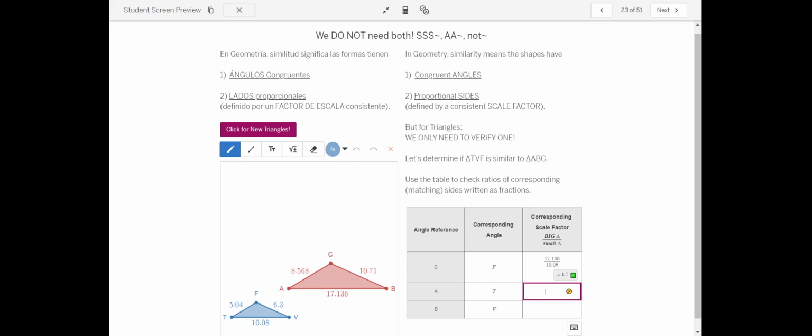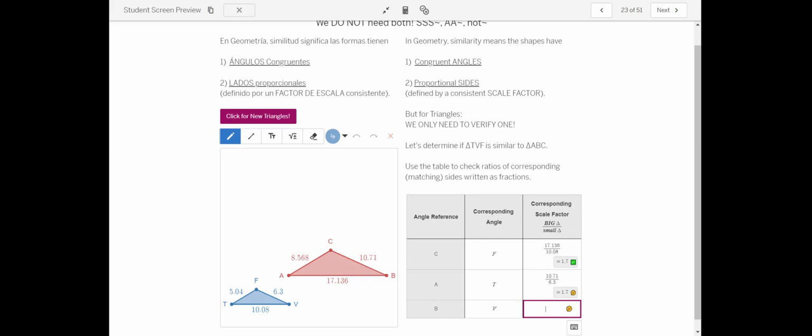A is across from 10.71 and T is across from 6.3. Oh, I did not like that. And once again, I know that these are lining up nicely, so it's okay.